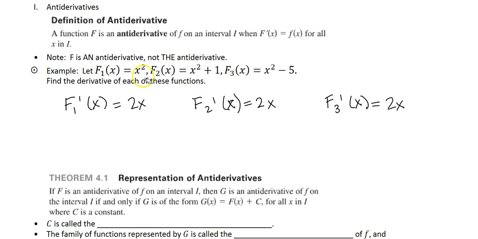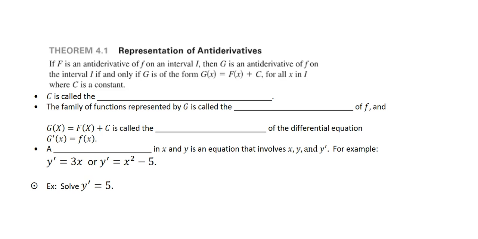Now notice the only difference between these three functions is the constant that's added on the end. So to represent antiderivatives, we want to represent all possible antiderivatives for a function. If F is an antiderivative of little f on an interval I, then capital G is an antiderivative of little f on the interval I if and only if G is of the form g of x equals capital F of x plus c for all x in I, where c is a constant.